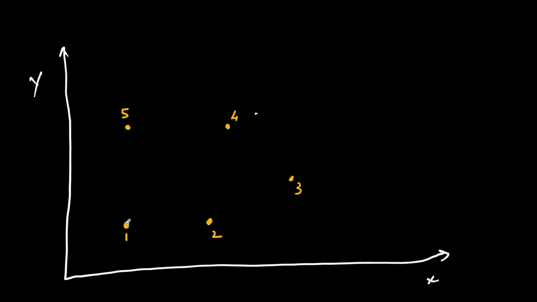And its path, how it moved: suppose it moved in a straight line from 1 to 2, then another straight line from 2 to 3, 3 to 4, another straight line, then 4 to 5, another straight line.